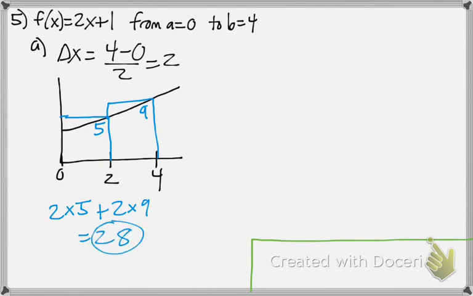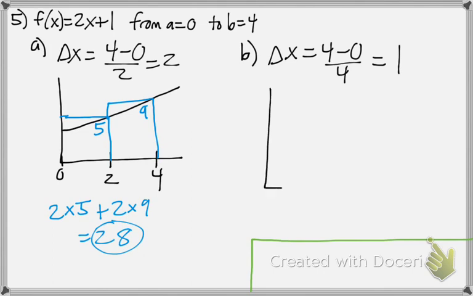So for part B, they want us to do the same thing except with 4 right rectangles. My delta x is going to be 4 minus 0 over 4, which is equal to 1.